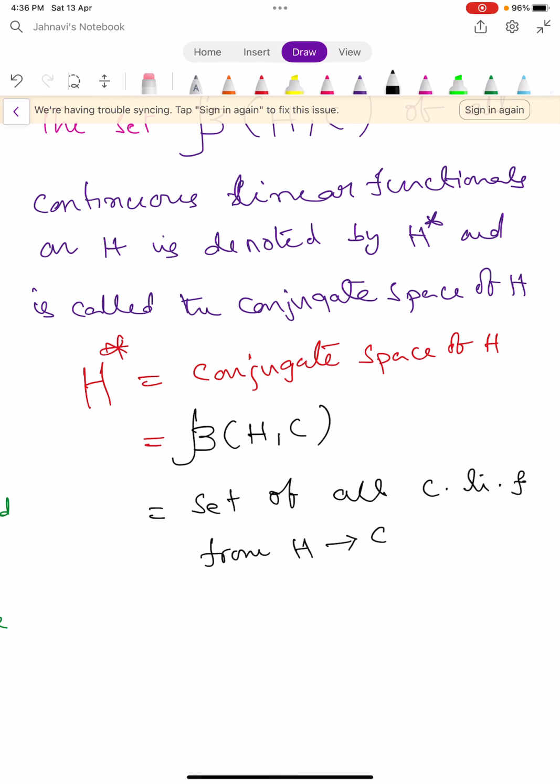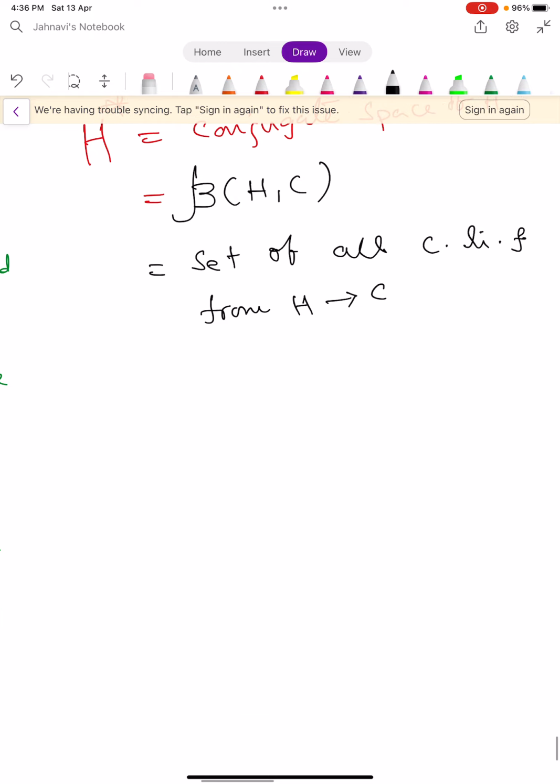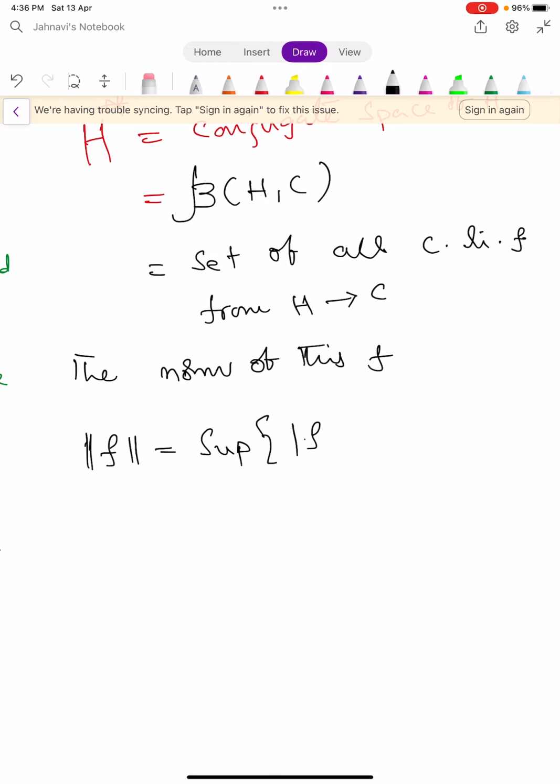So remember that. And the norm of this functional is defined like this: norm f is equal to supremum of mod f of x such that norm x is less than or equal to 1.